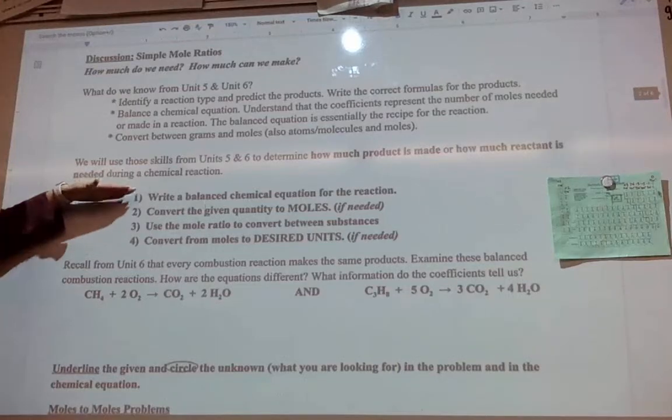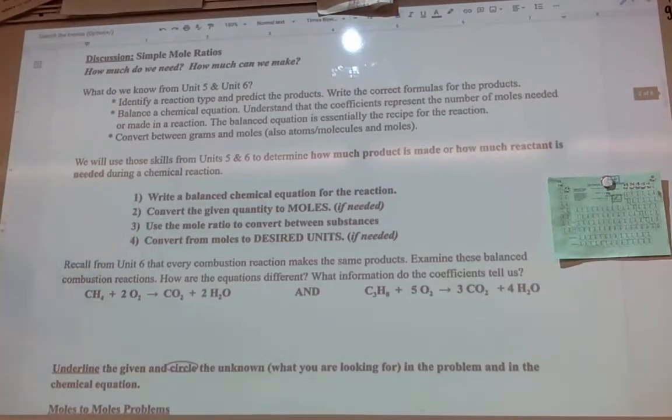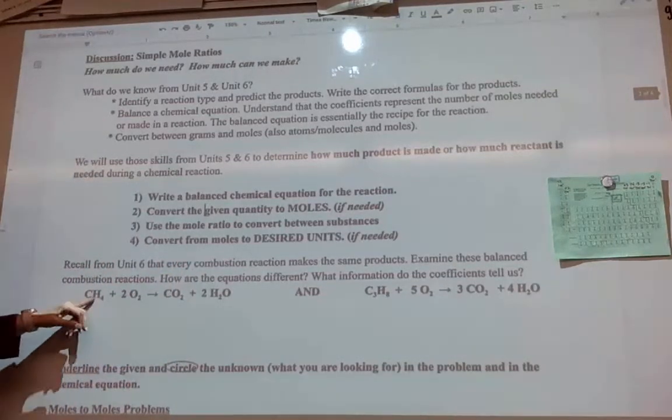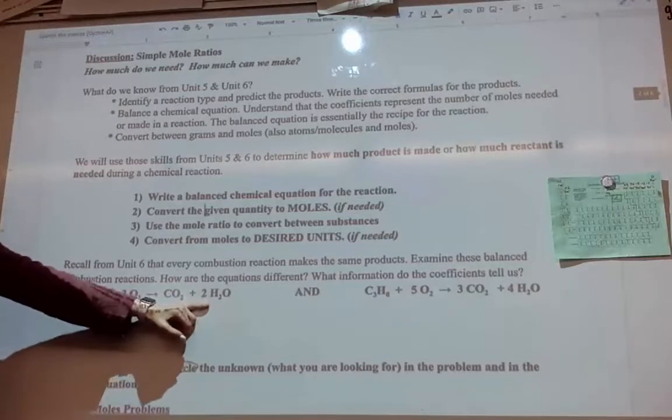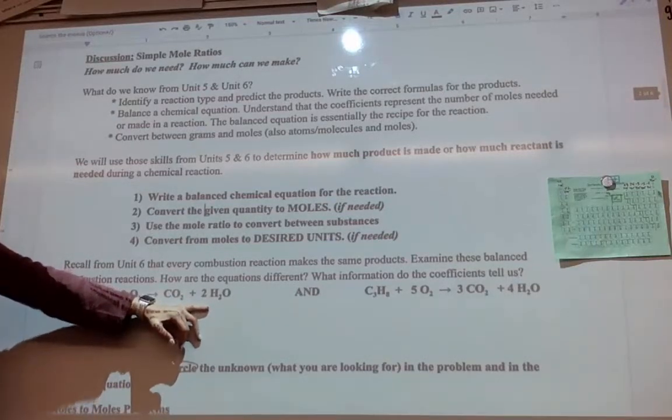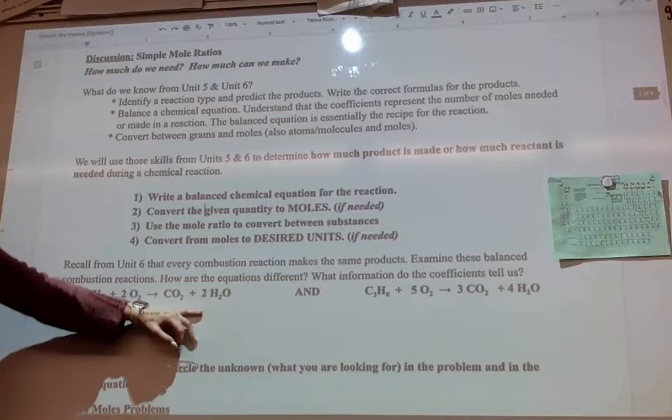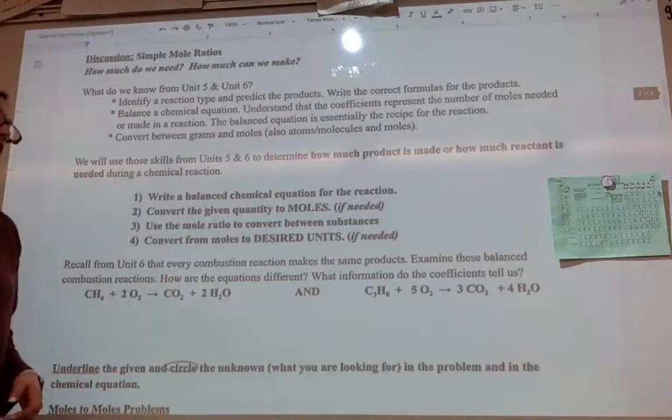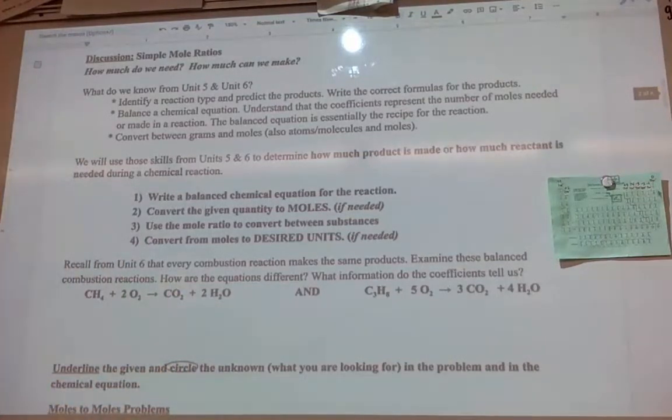You need to make sure you have a balanced chemical equation for the reaction in the problem. If it's not balanced, you need to balance it. Now, if you notice that you have a reaction that already has coefficients, I'm not tricking you. If there are coefficients, it's going to be balanced. If there are no coefficients, or if in parentheses it says balance the equation, make sure you balance it.